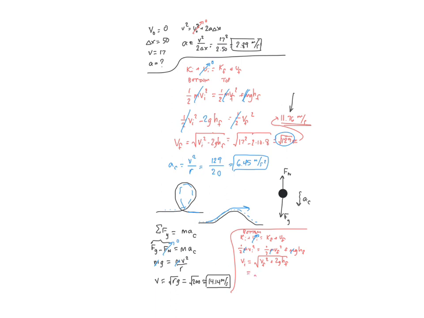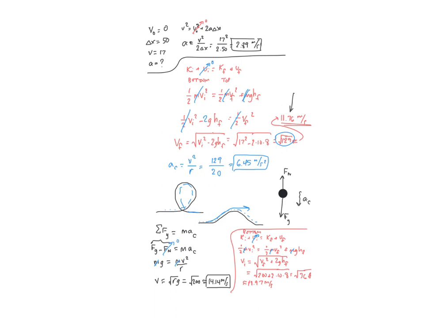Plugging in all these numbers, you get v final squared, which is, if you look back over here, the speed at the top of the hill, so the v final was the square root of 200, so the square root of 200 squared is just 200, plus 2 times 10 times 8, which is 160. 200 plus 160 gives you the square root of 360, which is approximately equal to 18.97 meters per second. So that's the speed that is needed at the bottom of the hill.